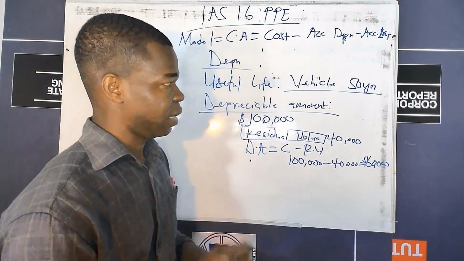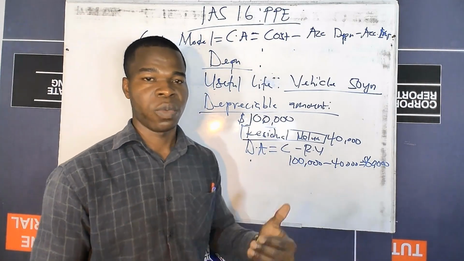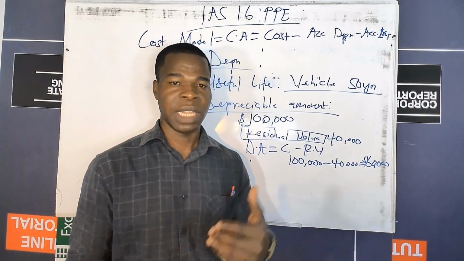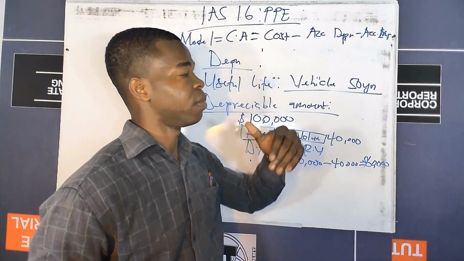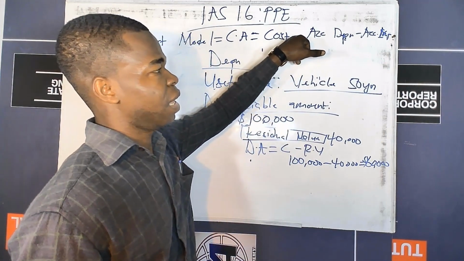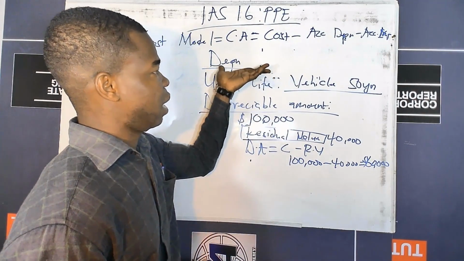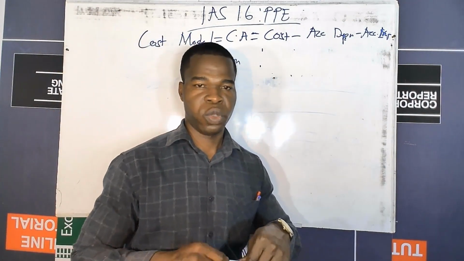Under the standard, most questions will use the straight line method or the reducing balance method. So that is what our focus is going to be placed on. Most questions will come using the straight line method or the reducing balance method under depreciation. Now there are some few things you're also supposed to know under depreciation.